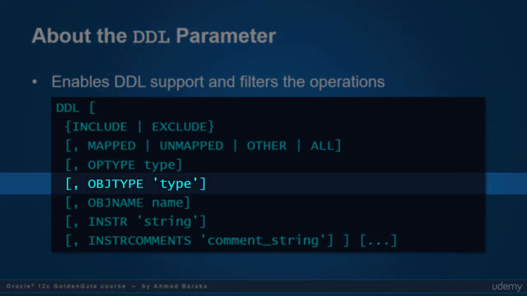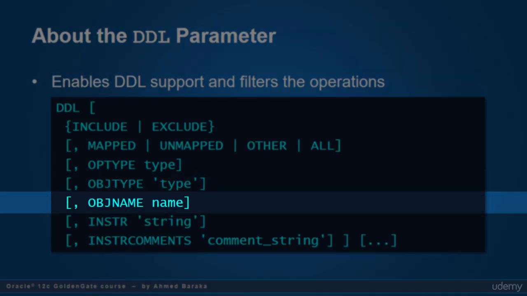Use the OBJTYPE keyword to specify the type of the database object. It could take the values table, index, trigger, sequence, snapshot, snapshot log, synonym, tablespace, user, role, or any database object supported by the database. The OBJNAME is used to specify the name of the object, for example, the table name. Wildcards are accepted.